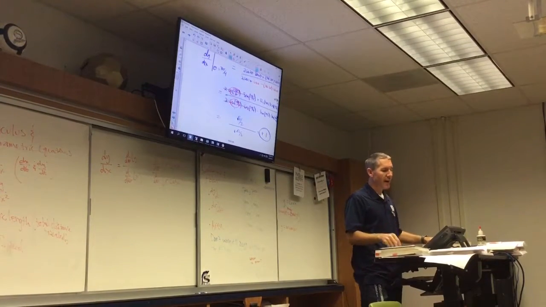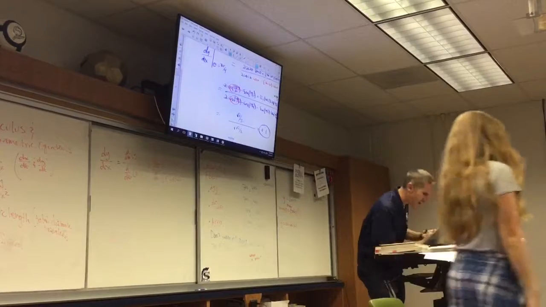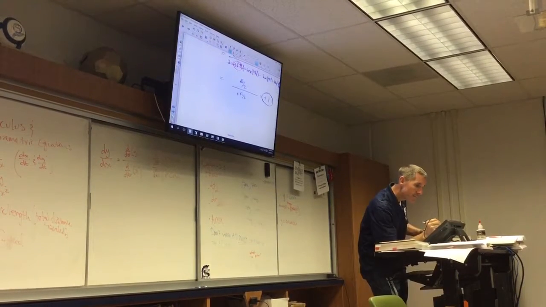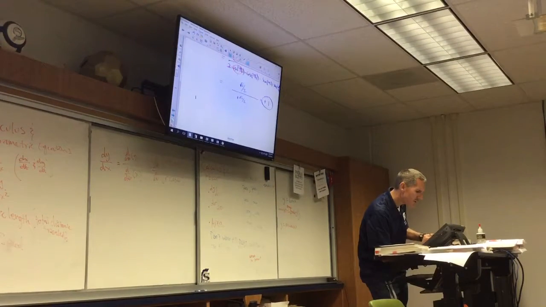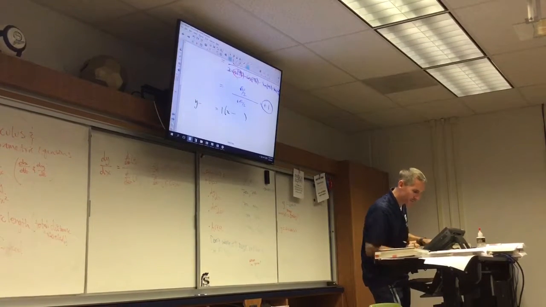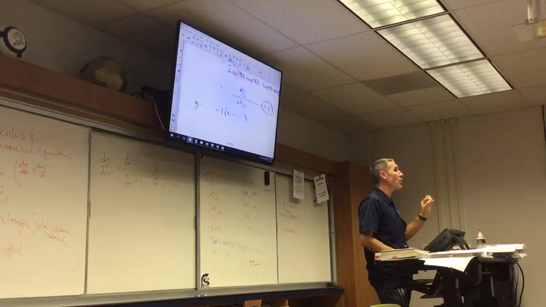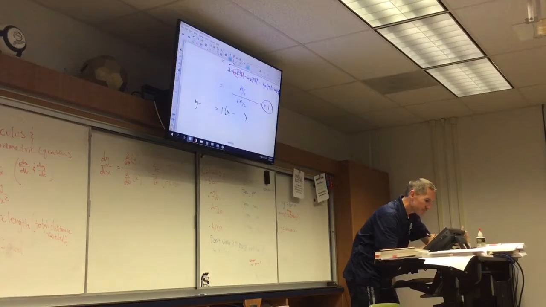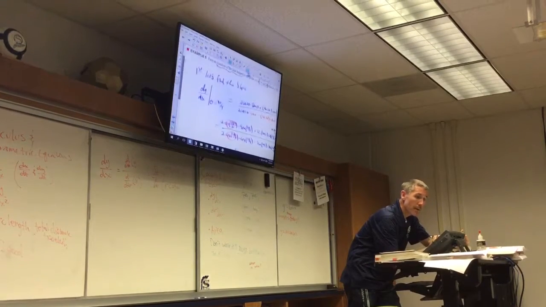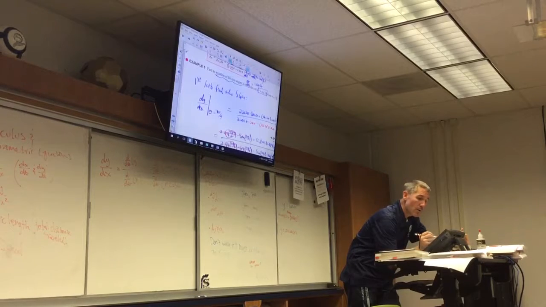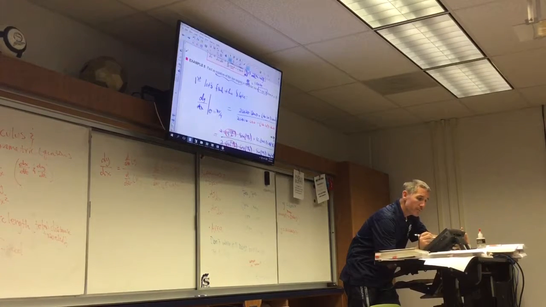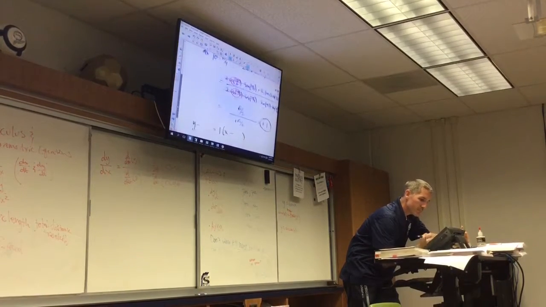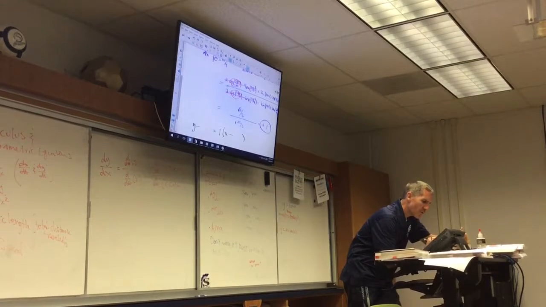So now let's use that and finish this, because what they are asking for is the equation of a line. So it's going to be y minus something equals 1 times x minus something. So what is the y value?